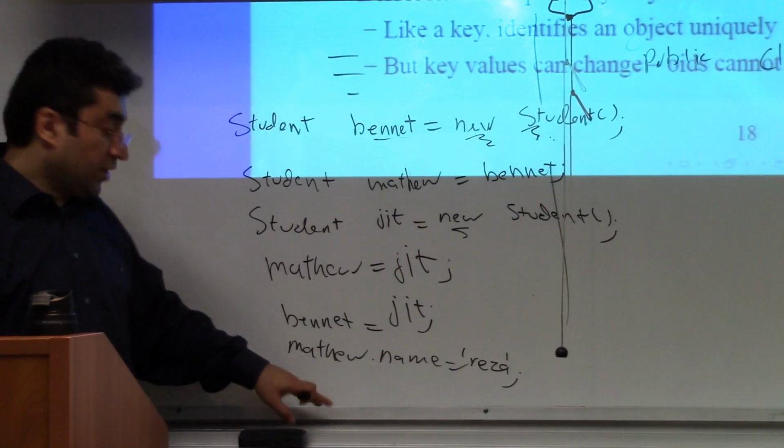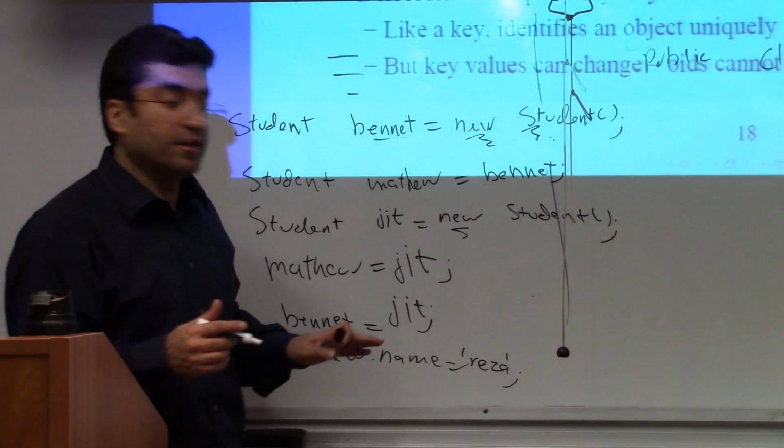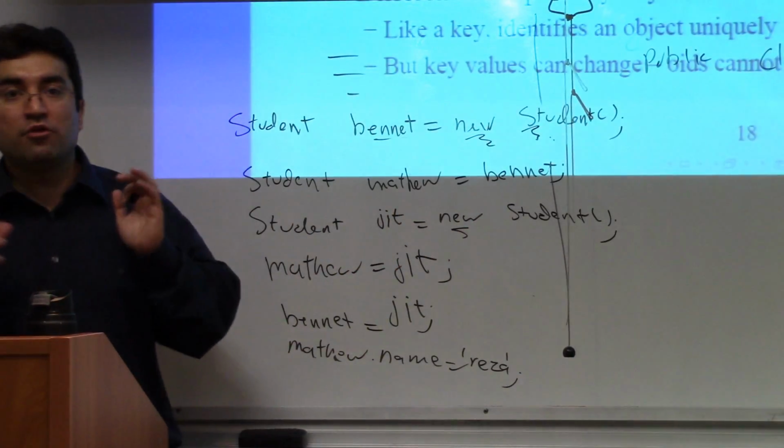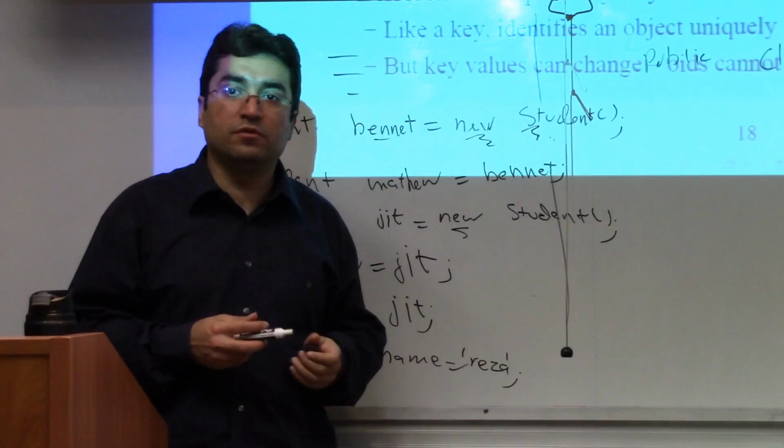Why? Because this name of the variable is just a name, but the actual ID, the one that you cannot see, is the one created new and just assigned to the variable.